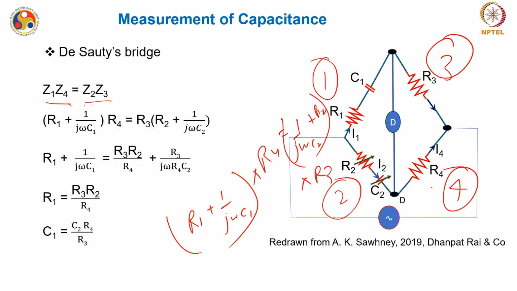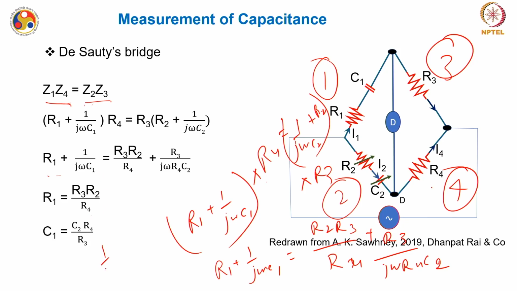If you simplify it and take R4 to the other side, you get R1 plus 1 by j omega C1 equal to R2 R3 by R4 plus R3 by j omega R4 C2. Comparing the real part and the imaginary part, for the balance condition R1 is equal to R3 into R2 by R4, while 1 by j omega C1 is equal to R3 by j omega R4 C2, or simply C1 is equal to C2 R4 by R3.